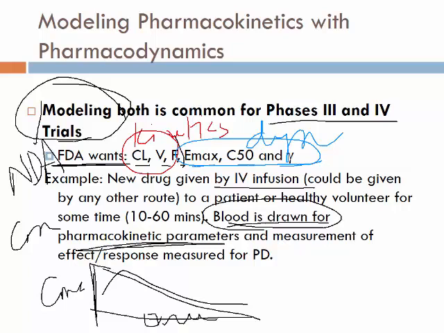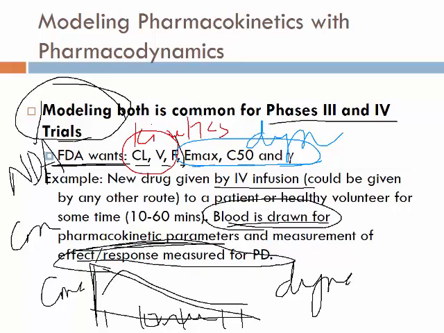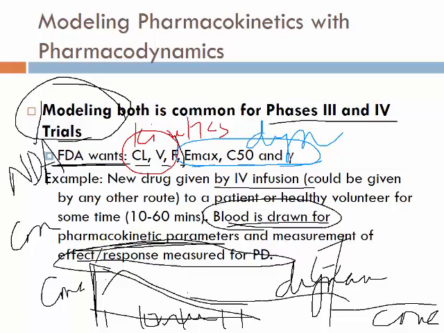But during these time periods they're also going to measure the effect and response for the dynamics, so that they can relate concentration to effect. So they take these concentrations and the measured effect to get a relationship. They do both the pharmacodynamics and the pharmacokinetics.